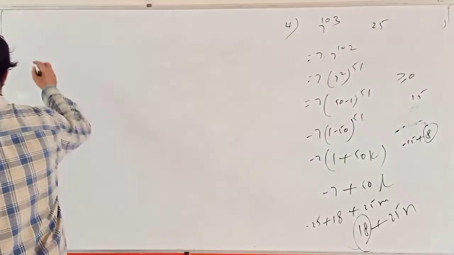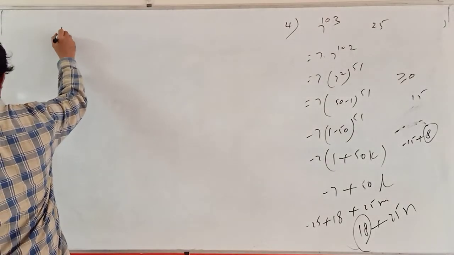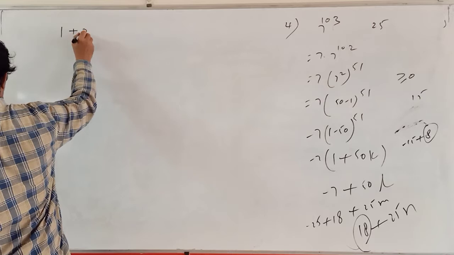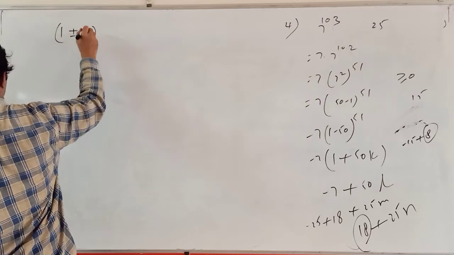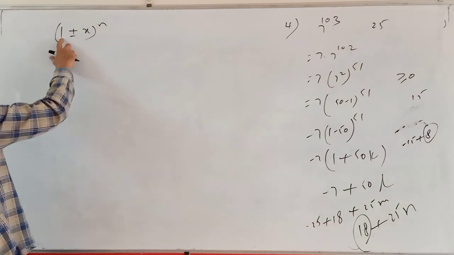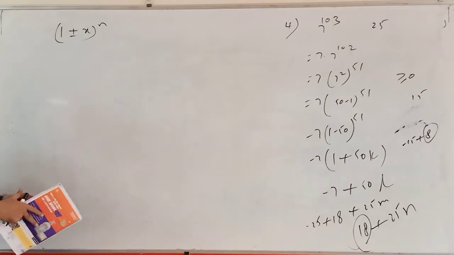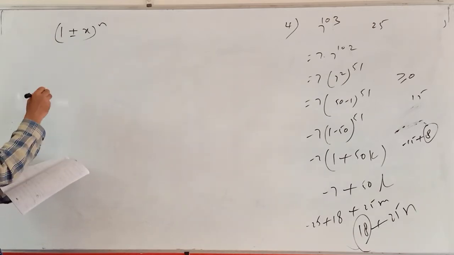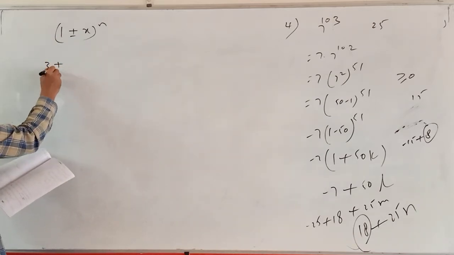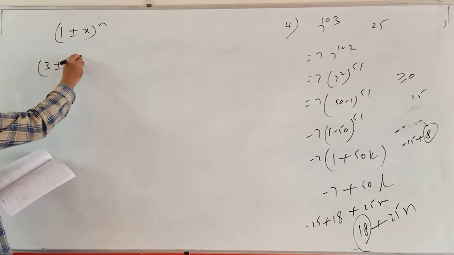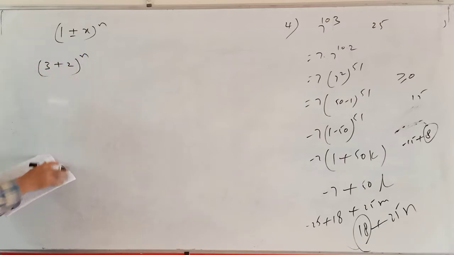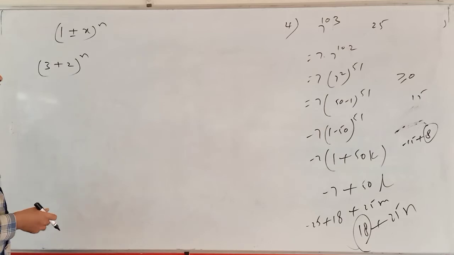Next, one formula. So above all are in the form of 1 plus or minus x whole power n. Here in place of 1 there can be other numbers too, and let's see how to handle that. For example, 3 plus or minus 2 power n, suppose 3 plus 2 whole power n.